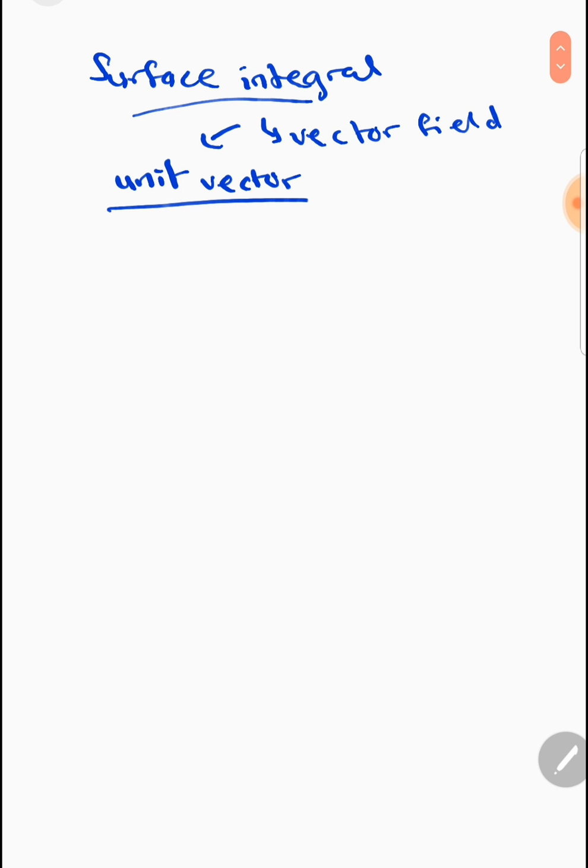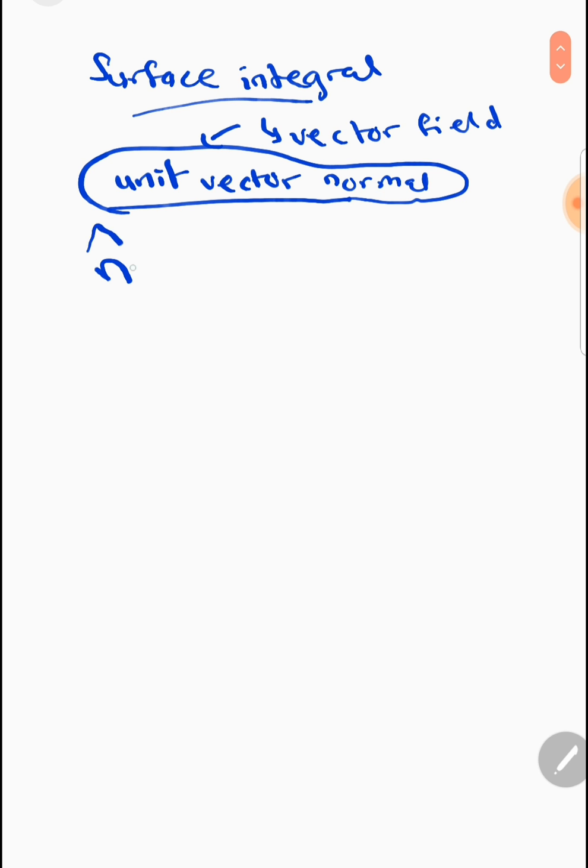So let's start with finding unit vector normal. Alright, so as you can see, if I have unit vector normal n, usually just to differentiate it, you can see that it's actually an n cap. The formula for it will be basically my vector n, divided by the magnitude or the modulus of my vector n. And of course this can also be expressed in terms of my gradient, the nabla.